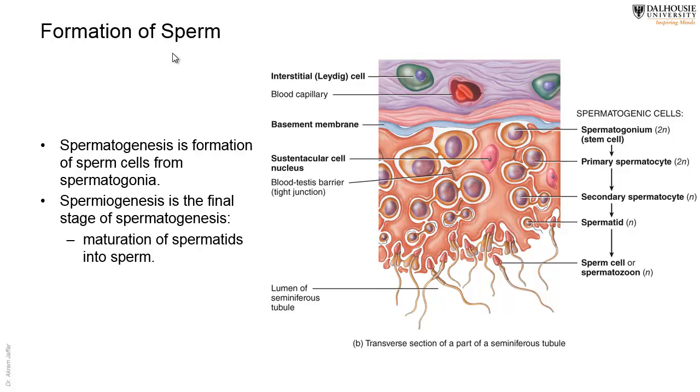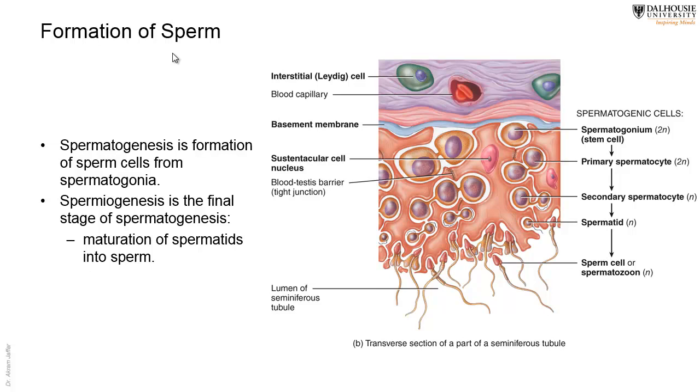And as they develop, they will form the spermatid and the sperm, which has 1N, only a haploid number of chromosomes. Here you can see that the whole process of development is called spermatogenesis, and the spermatid here is formed, and then it develops into a sperm cell or spermatozoon.